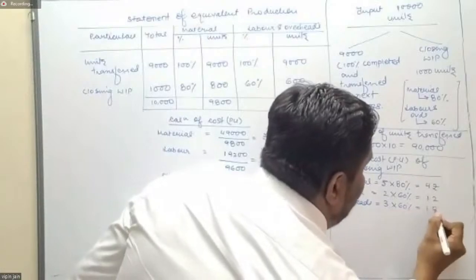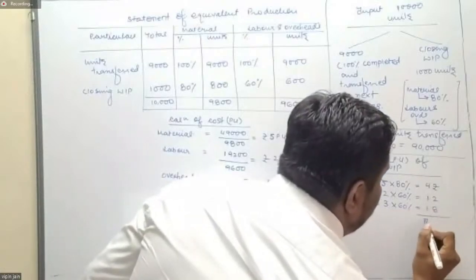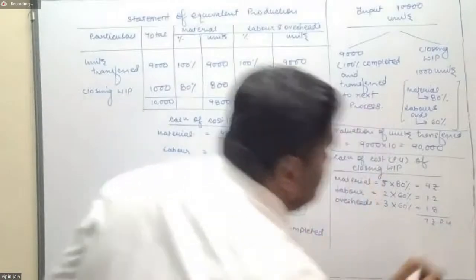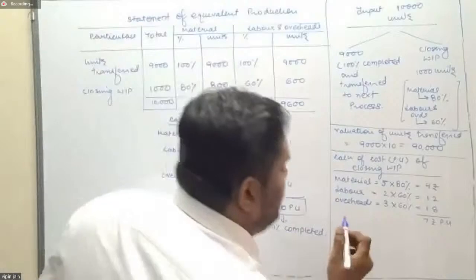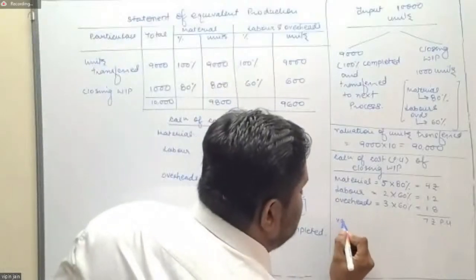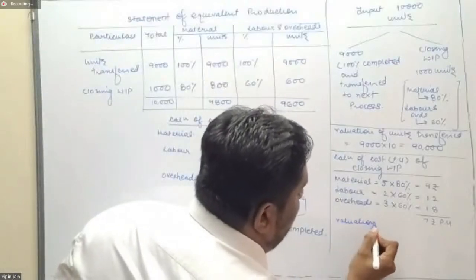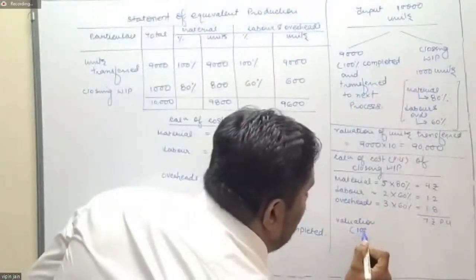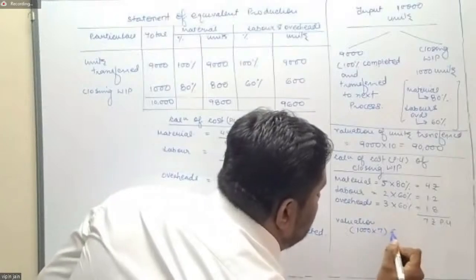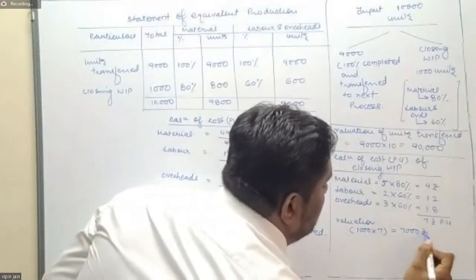So this will be 1.8. So this cost per unit will be rupees 7 per unit. So now we can easily value the closing work in progress. So valuation: the total number of units of closing work in progress is 1,000 into 7 per unit. So this will be rupees 7,000.